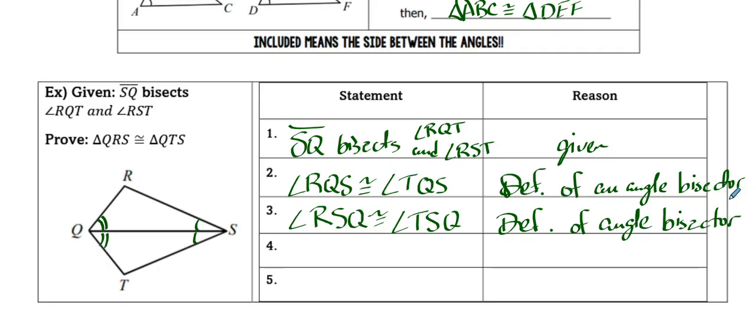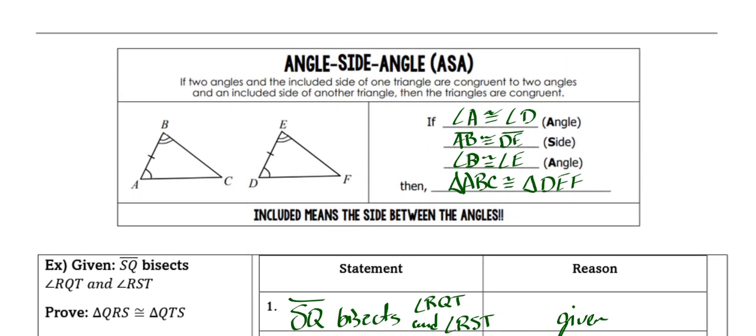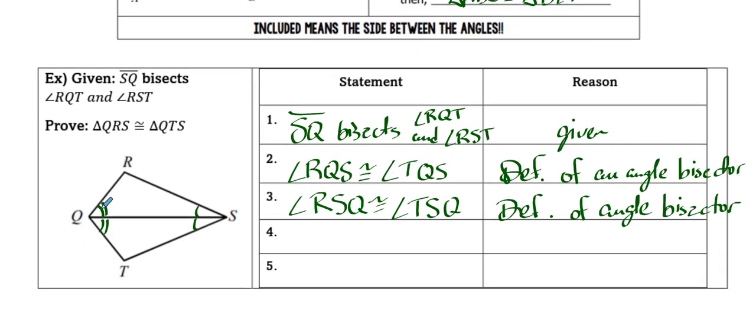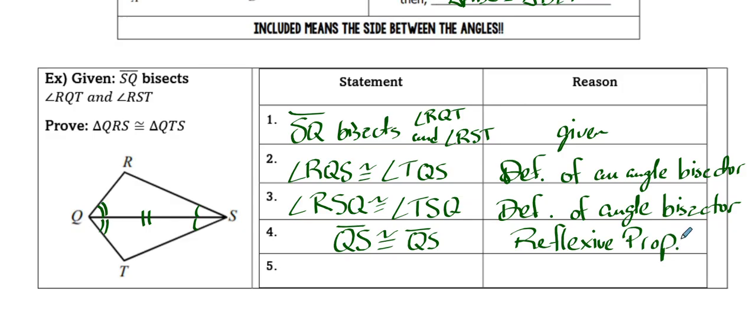And now we need a side in between those two. For angle, side, angle, we need the side that's sandwiched in between these two angles, so that is QS. QS is obviously congruent to itself by the reflexive property. So we have QRS is congruent to QTS by angle, side, angle.